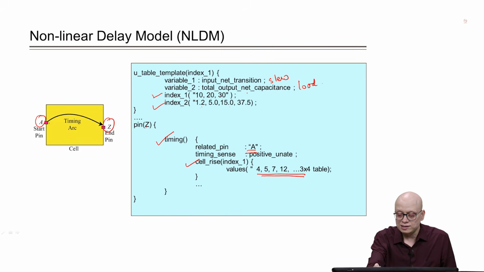Since there are three slew numbers and 4 load numbers, there are 3 times 4, equal to 12 entries in this timing arc.